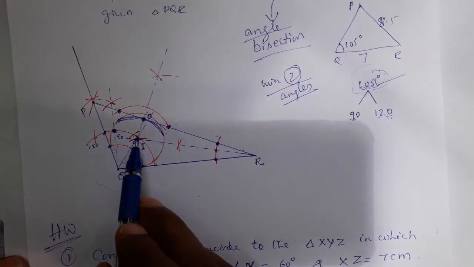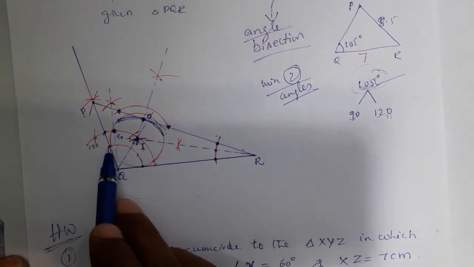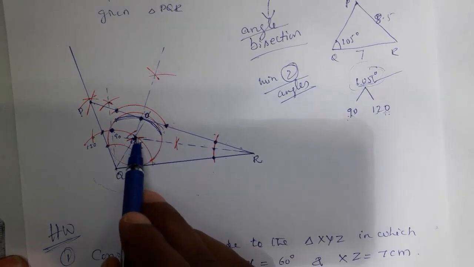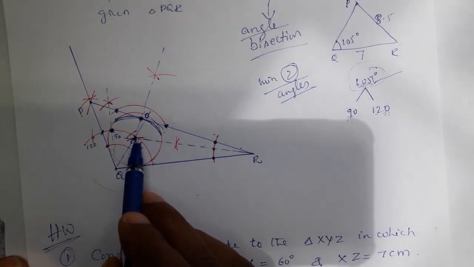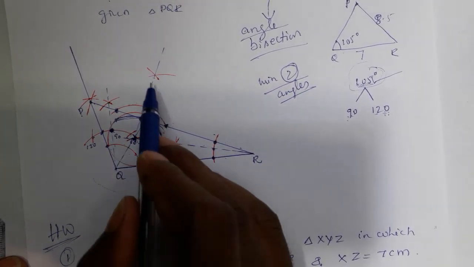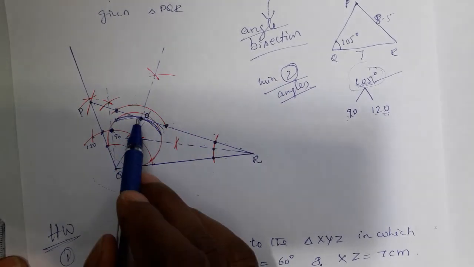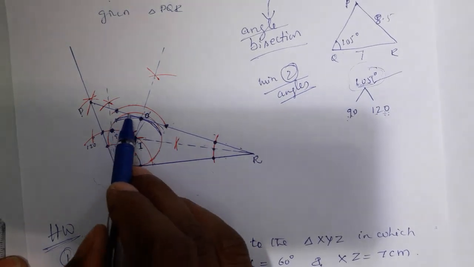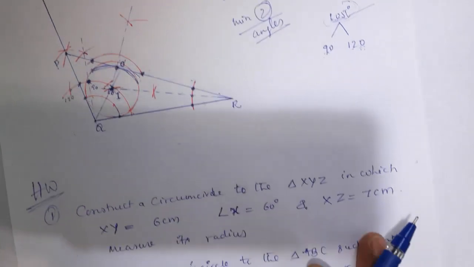But for the incircle, after getting I, first angle bisector here, second angle bisector here, both meet at I. From I you cannot directly draw the circle. You have to construct one more arc and two more arcs like this. Then the one point you get is your required point for the incircle measurement.